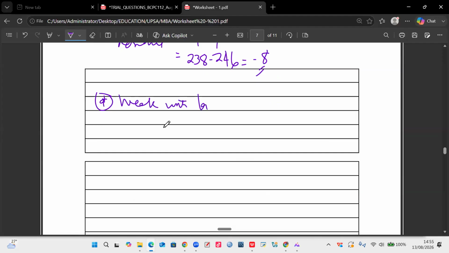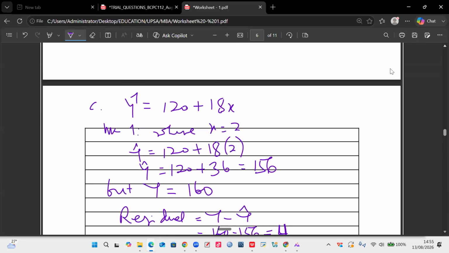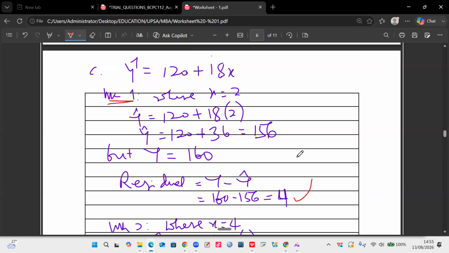Week 1, the value was 4, that's fine, there's no error with this.